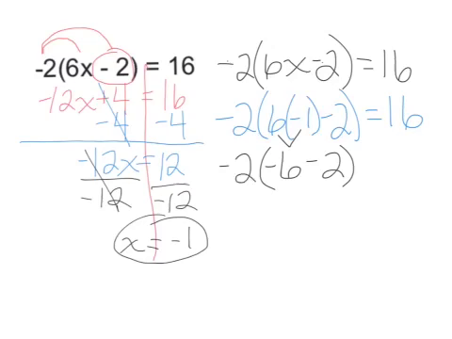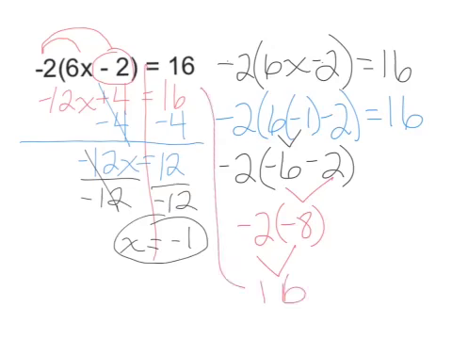We're not done with what's inside our parentheses, so we're going to do negative 6 minus 2, which is negative 8. And now we have negative 2 times negative 8, which is positive 16, which is what we have up here. So we have checked it, and we know we are correct.